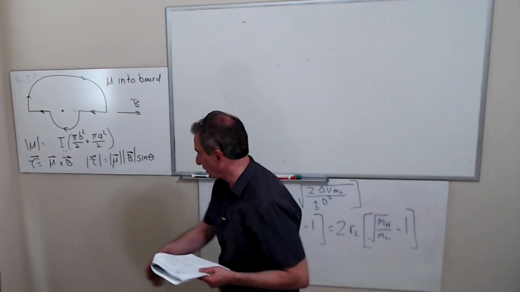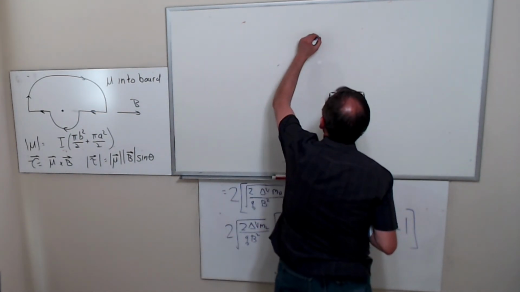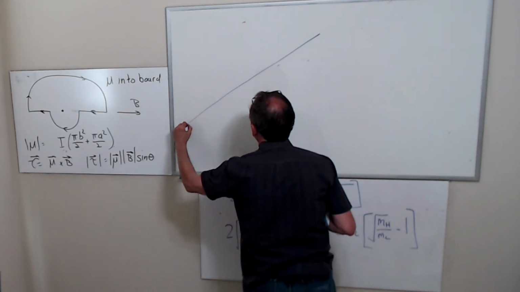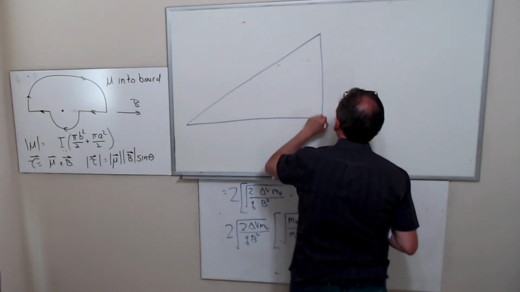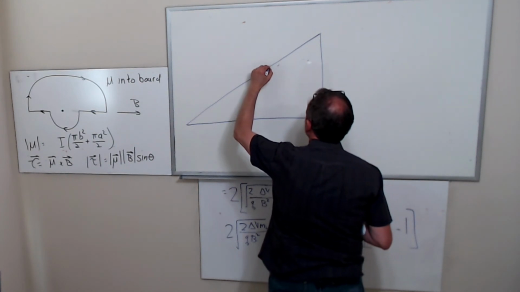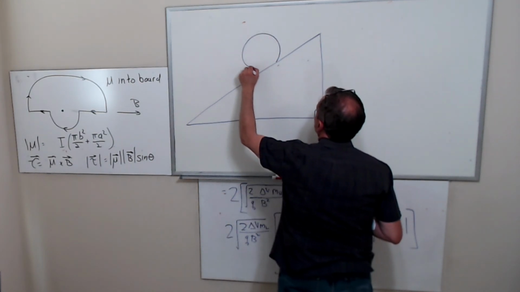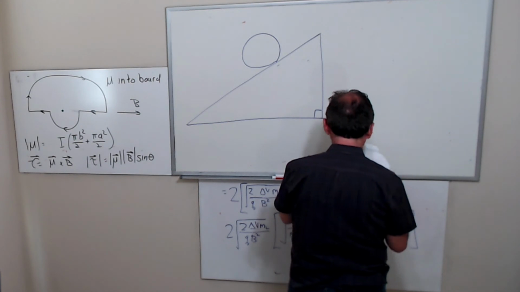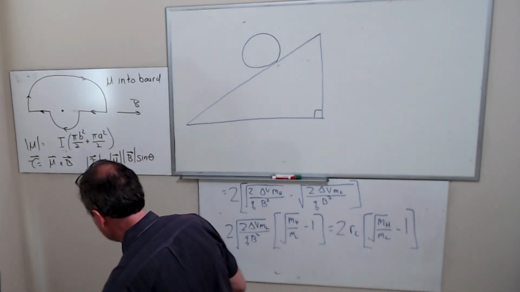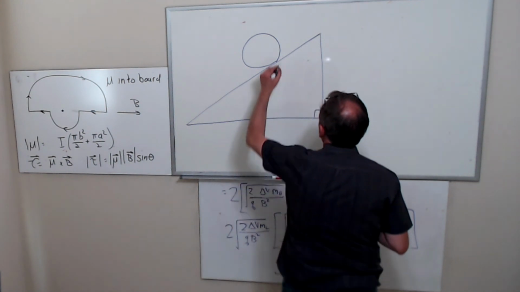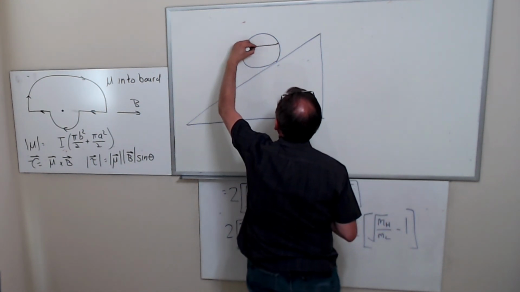So let's draw the picture. And I'm probably not going to do a good job drawing it. So let me draw this, and then there are loops around this thing. The loop is horizontal, right?